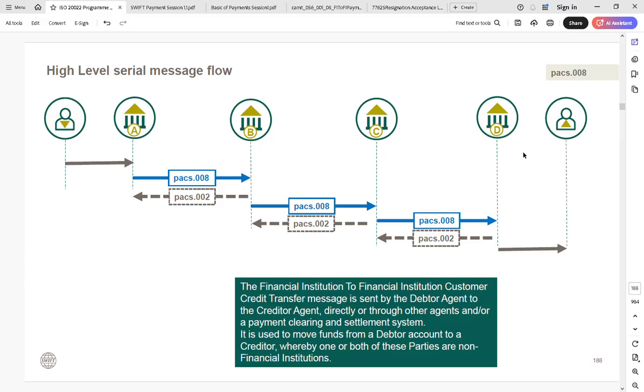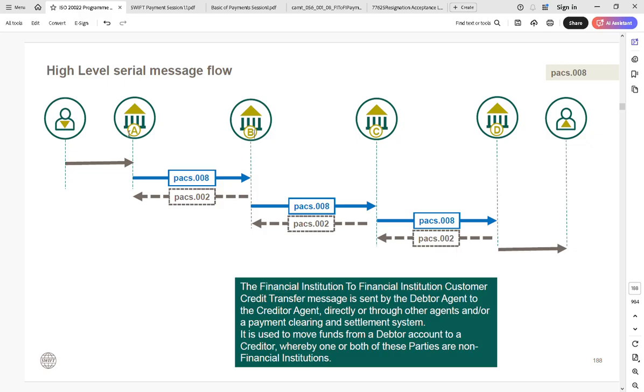If you consider debtor and creditor, the debtor is initiating a payment, and the creditor is the last end. Here A is the debtor agent, D is the creditor agent, and B and C are the correspondent agents, or intermediary agents in terms of ISO 20022. Whenever a payment is initiated from a customer, which is PAIN.001, it is moved as a PACS.008 message from A to B. From B to C it is moved as the same PACS.008 message, only the debtor and creditor bank change here.